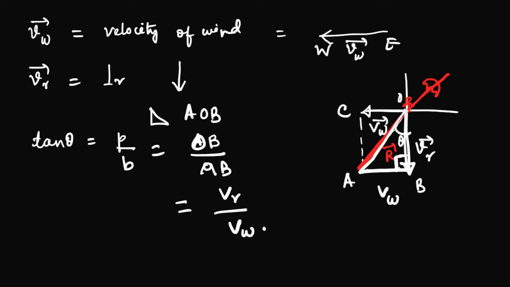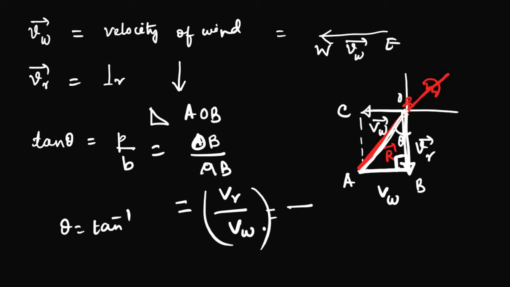You should put the value of VR here, the magnitude only. So you will get tan theta, which would be tan inverse of VR by VW. So that's how you are going to solve it.